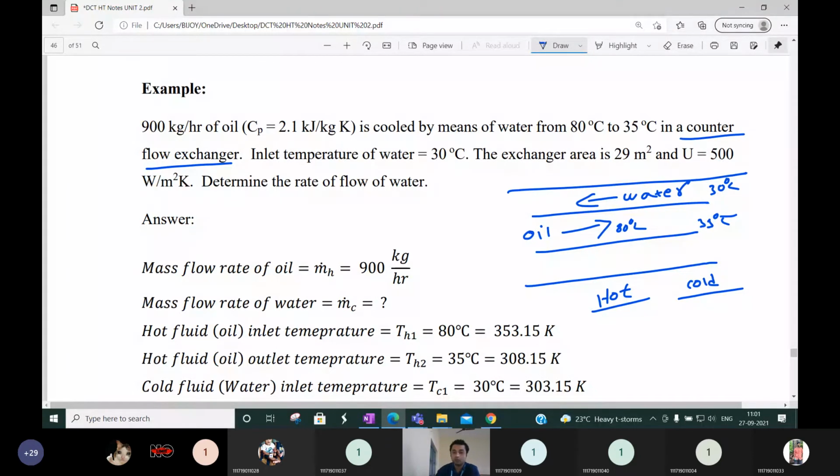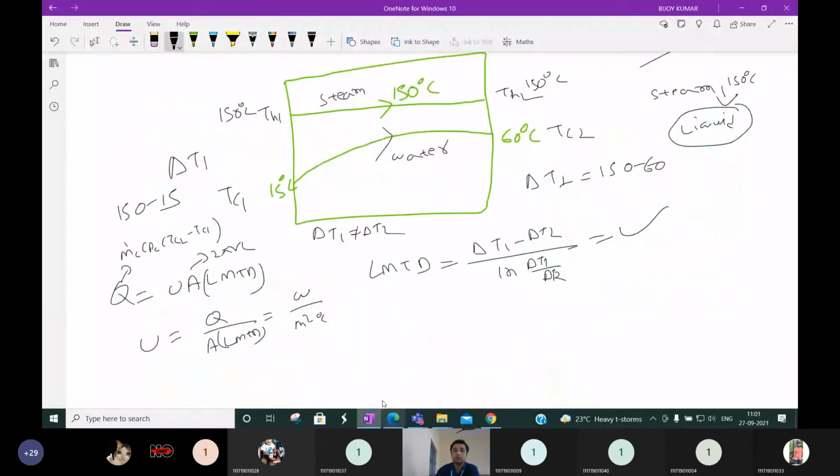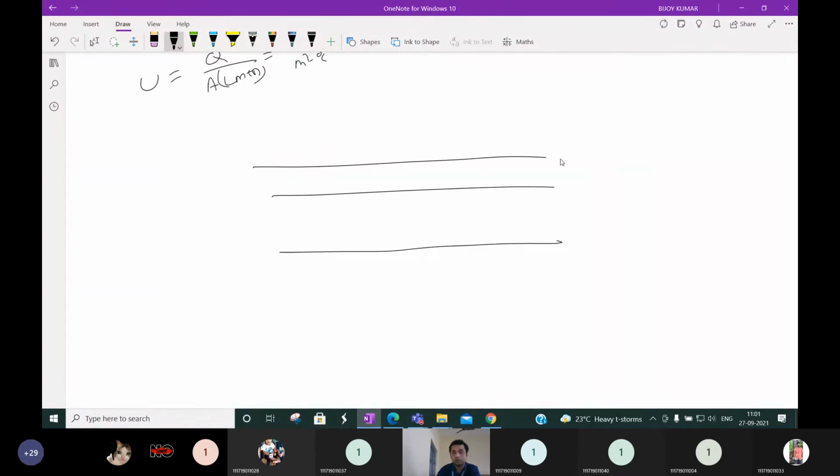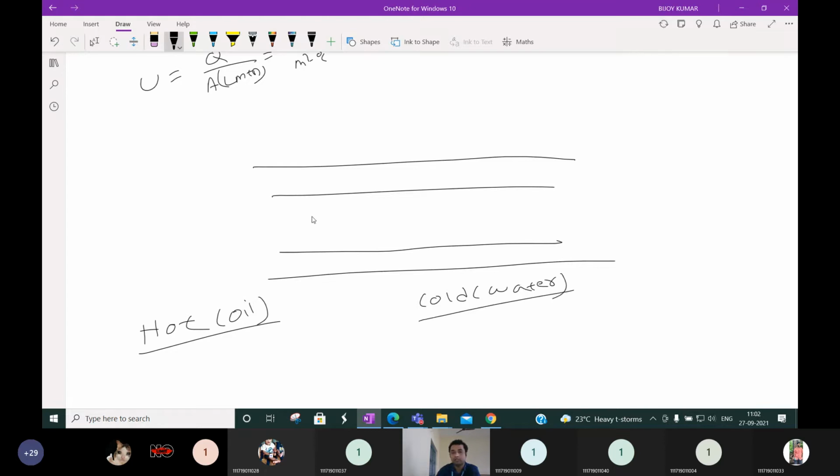Okay. So the first thing we have to do is draw the diagram and write the data. So we have two fluids, one hot and one cold. The hot fluid is oil and the cold fluid is water. You have to determine these things first.